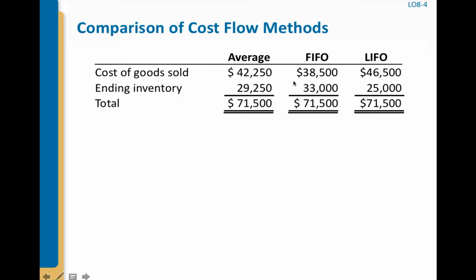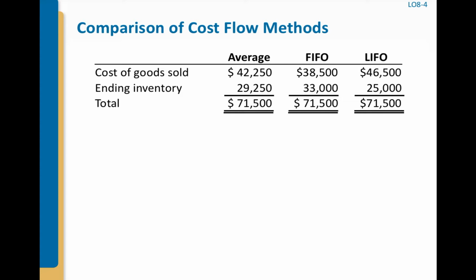But what typically happens is, assuming that costs have either steadily gone up or down during the period, average would yield somewhere in between FIFO and LIFO for both cost of goods sold and ending inventory. There are some wonky situations that come up if you've had a period where costs have gone up and then back down and back up, all within the same period.